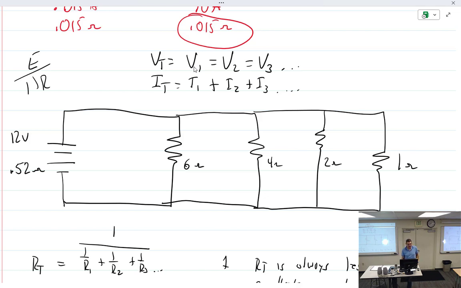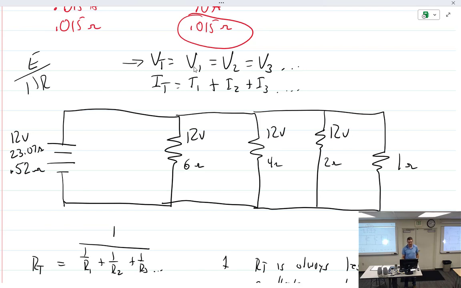Ohm's law hasn't changed at all, so I can calculate right here the total current flow, which is 12 divided by 0.52. What is that? 23.07 amps. All right, and because of Kirchhoff's laws before, where the current stayed the same, so we just filled in current, now the voltage stays the same, so we just fill out the voltage.